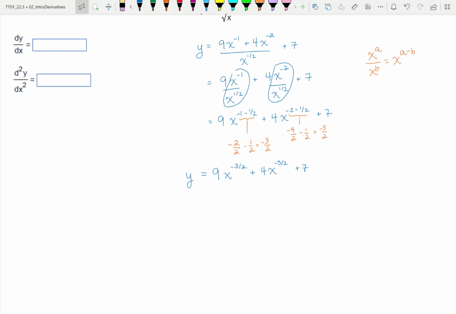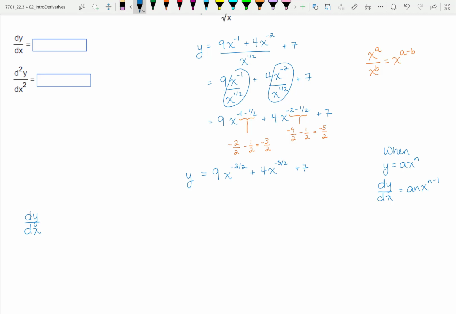No calculus done so far, or no derivatives, I should say. Now I'm going to do my first derivative using the power rule. So dy by dx. For those that want a reminder of what the power rule is, when y is equal to ax to the power of n, dy by dx is equal to anx to the power of n minus 1.